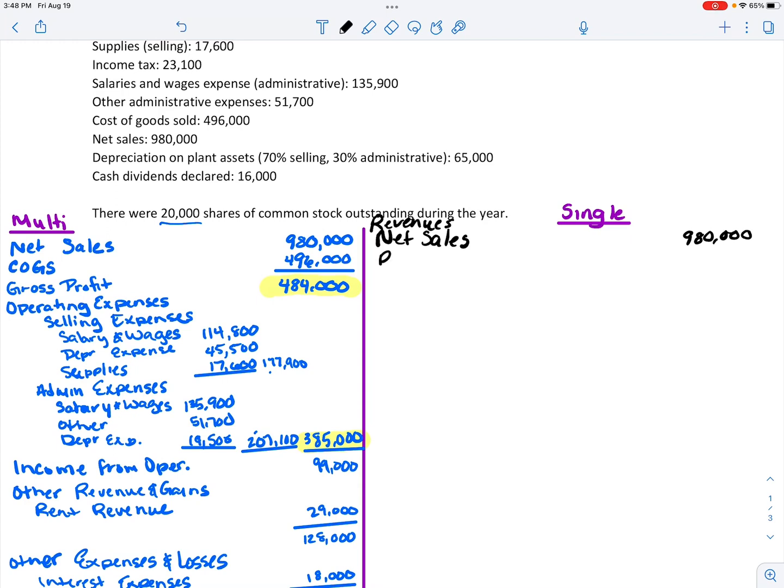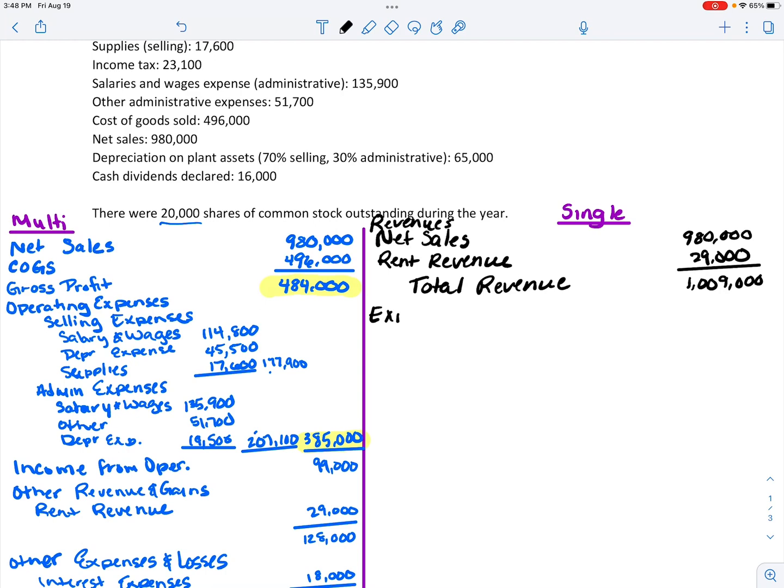So we have our net sales, our rent revenue, and that was 29,000, and that's going to give us a total revenue of 1,009,000. And this will be listed out as our total revenue. As you can see, it's a little simpler approach, but it doesn't give as much detail.